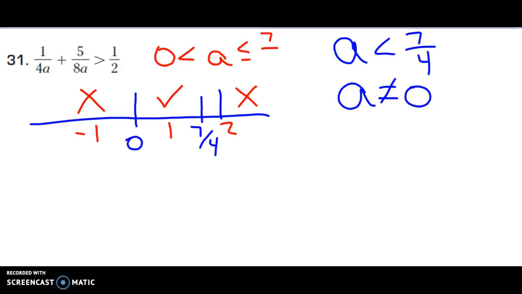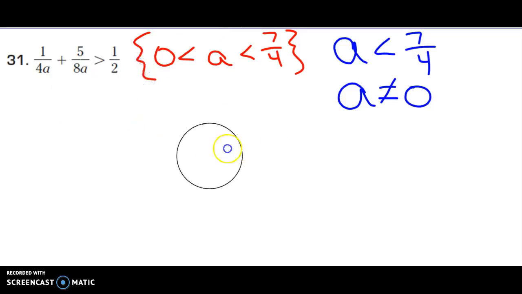No, it can't, because it's never equal to it. So don't put that equal sign there. All right, that's your solution set right there. And if you need to, just go back and make a note to make sure it is understood that a cannot be 0. Okay, so there you go for that one.